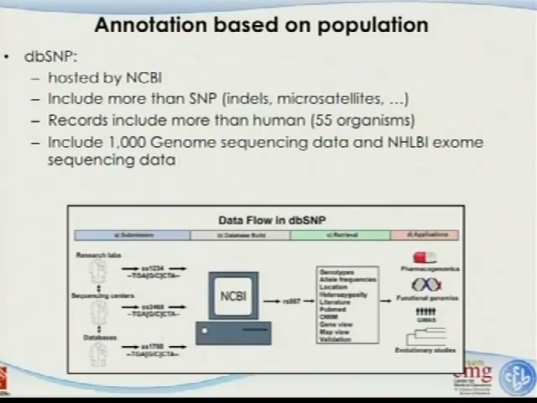But sometimes you have to be careful using it, because 1,000 genome sequencing has many different subcategories and people from different areas of the world, and dbSNP will not necessarily distinguish that. So sometimes you have to go back to the 1,000 genome sequencing database and look into it.